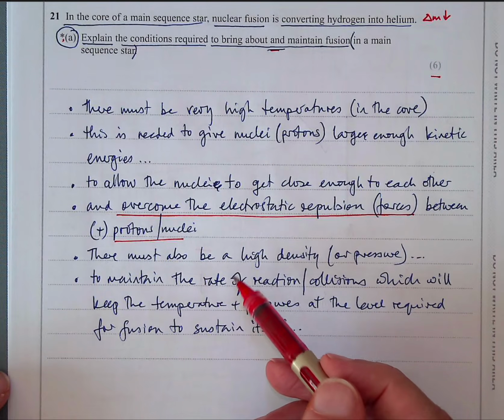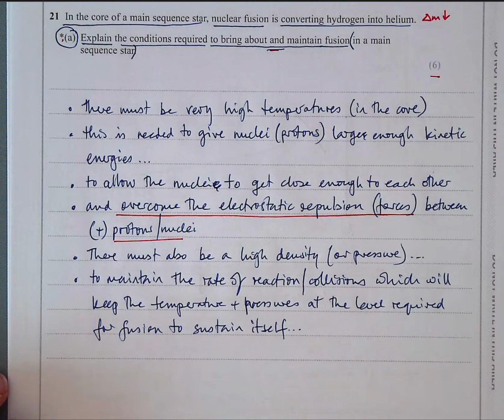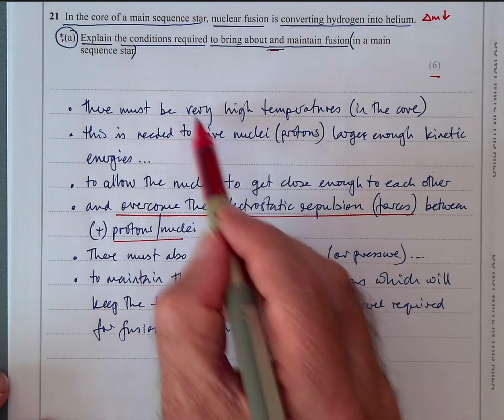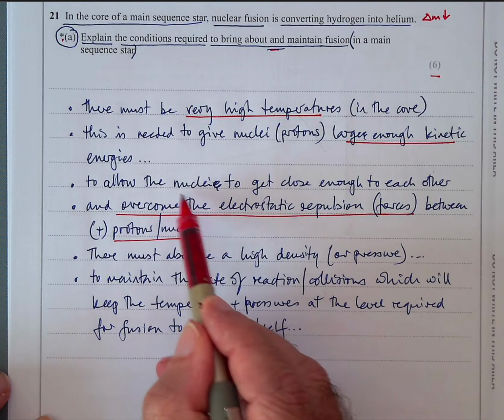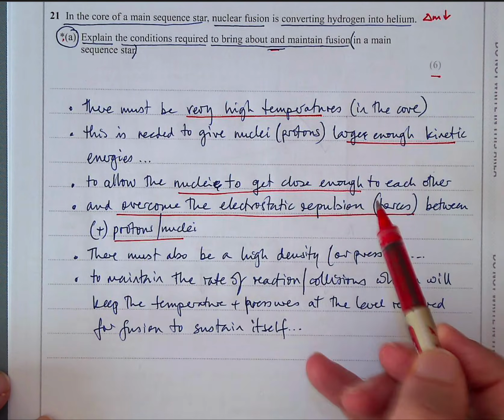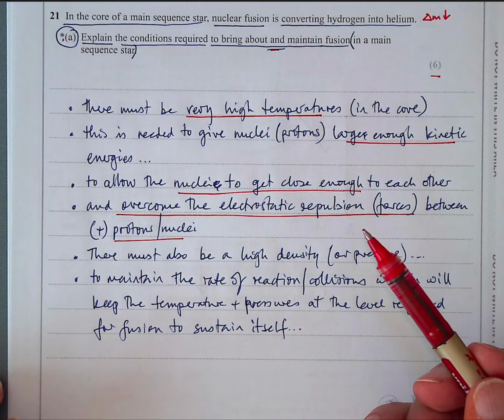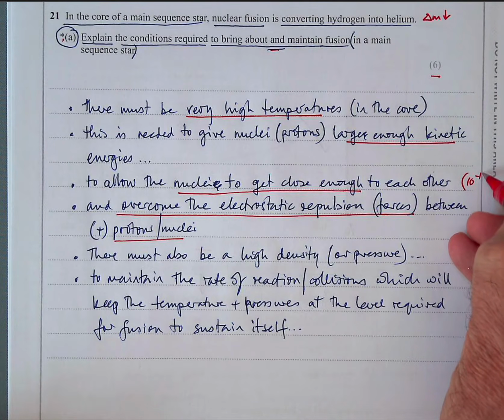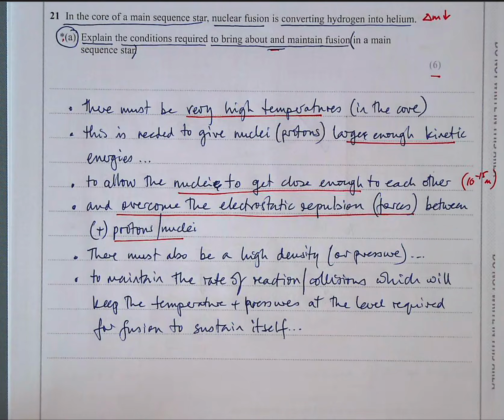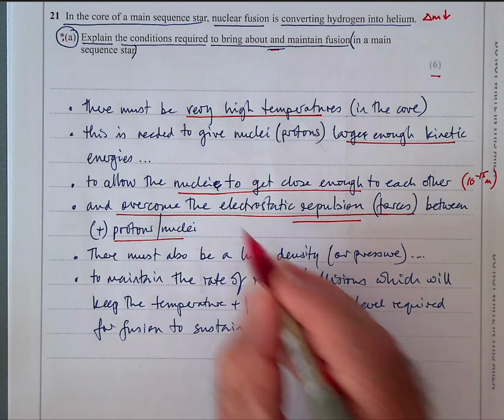So unless you have very high kinetic energies, nuclear fusion will not take place. That's why you need very high temperatures. That will give you large kinetic energy, which allows them to get close enough for the nuclear force to interact between them. Once they get close enough, approximately 10 to the minus 15 meters, the strong nuclear force overcomes the repulsion force of electrostatics.